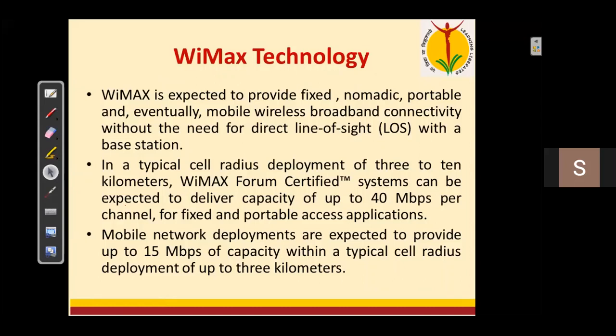The base station and the mobile stations are not visible to each other, but we can still have the connection between the mobile station and the base station. But the data rate is limited, at 40 Mbps per channel. Practically, for deployment over a long range with a radius of 3 kilometers, we are going to get a data rate of 50 Mbps.